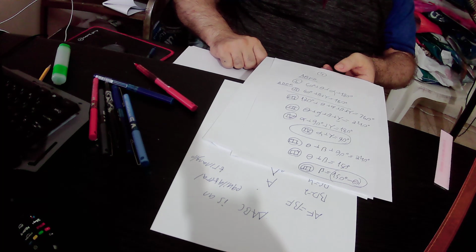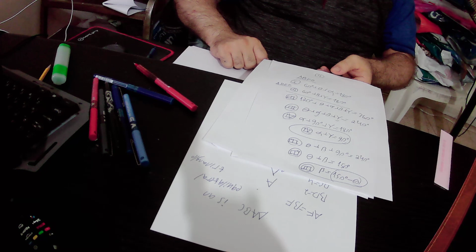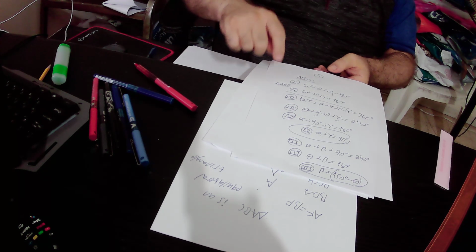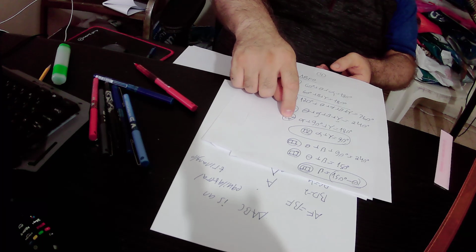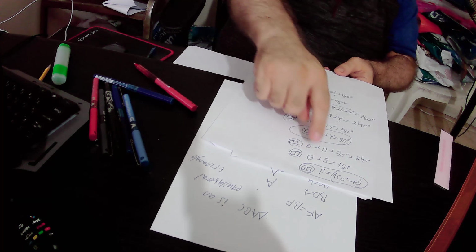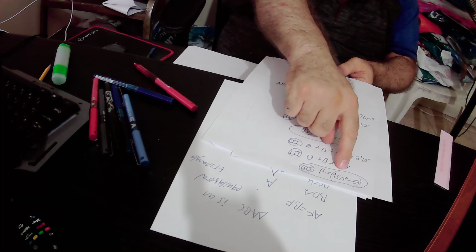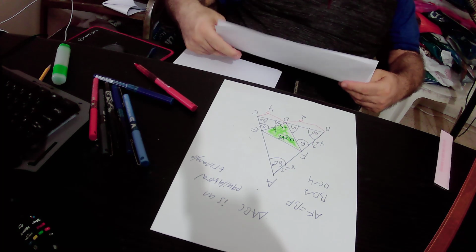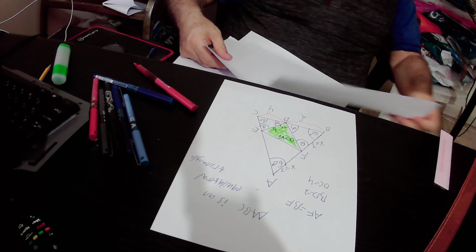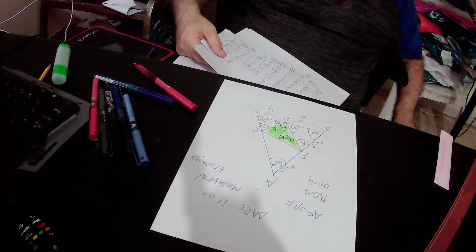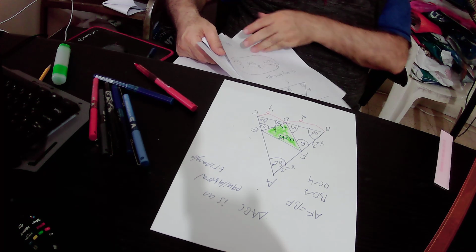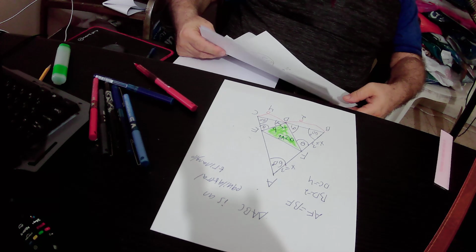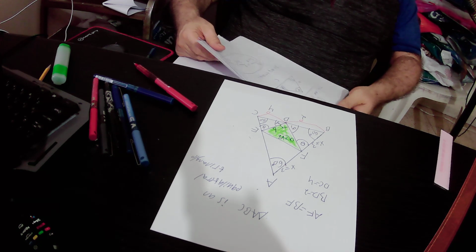And we derived from equation number 3 and equation number 4 that beta equals 150 degrees minus theta. Okay, and then we have the law of sines.